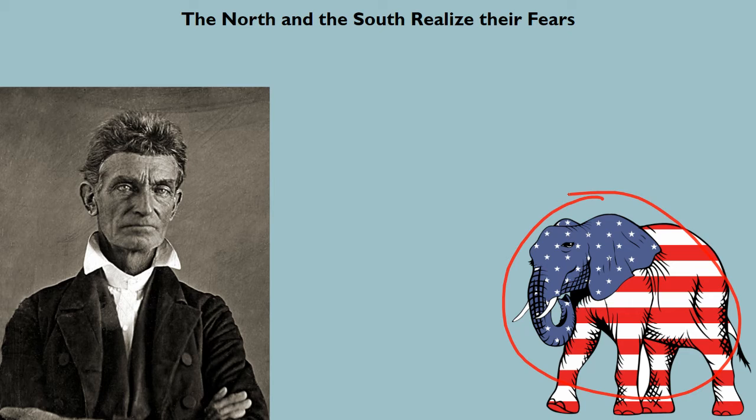Okay, the Republicans were against expanding slavery, and their up and coming star of the Republican Party was a man named Abraham Lincoln, which we'll talk about in the next slide. But the rise of the Republican Party, again, was an example of how it became official policy of people in the North, especially, to oppose slavery and to oppose the expansion of slavery into new territories. So it became official policy of many Northerners and abolitionists.